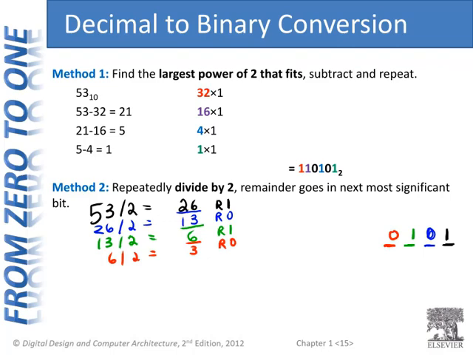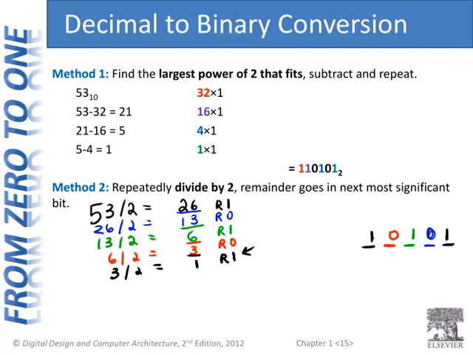And then we take that 3, divide it by 2. We're going to get 1, remainder 1. That remainder goes in our next most significant bit.